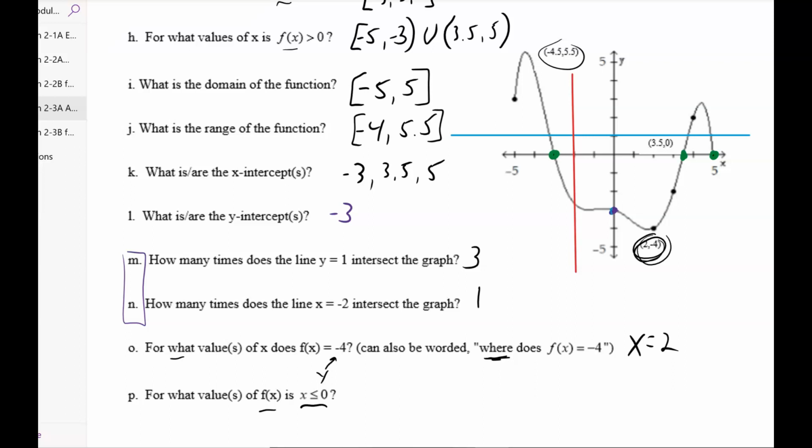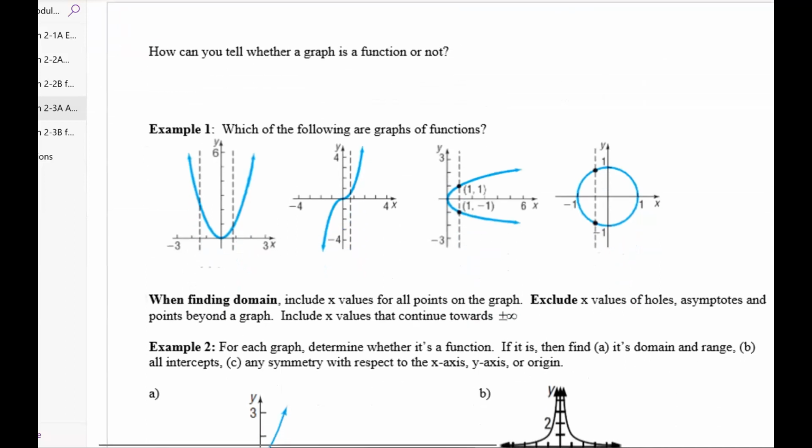So it would be looking at here all the way to here. All of these y values, all the way up to this one, which is actually at 5. For all of those y values, x is less than or equal to 0. So we've got to go from -3 all the way up to 5. We're looking when x is less than 0, so that's a left-right kind of a thing.